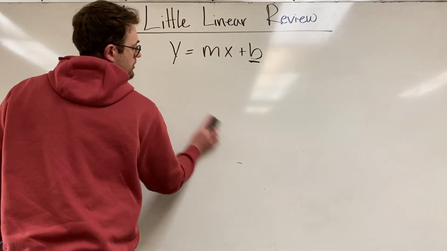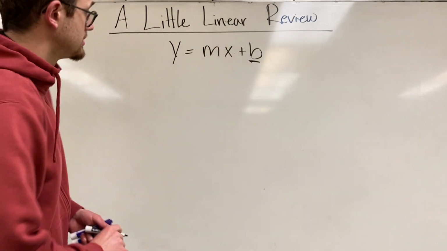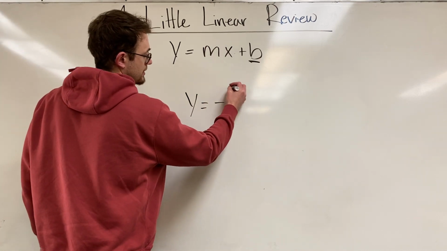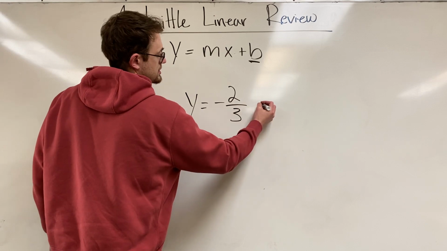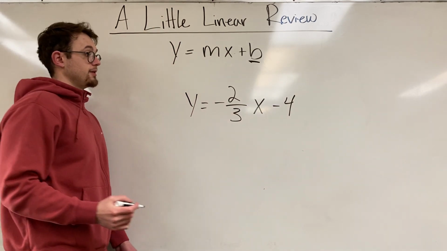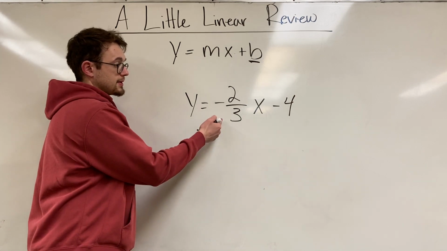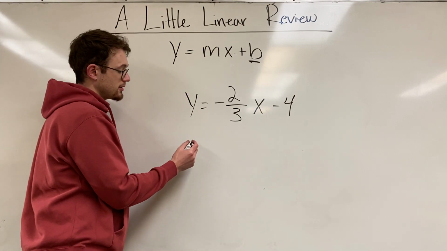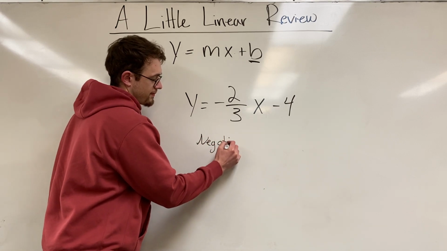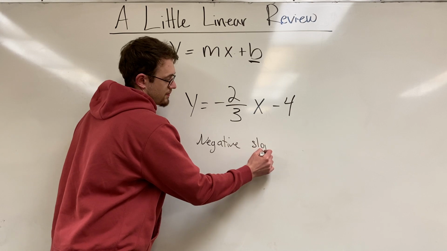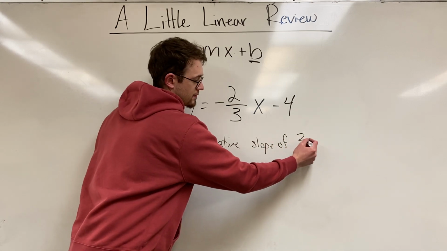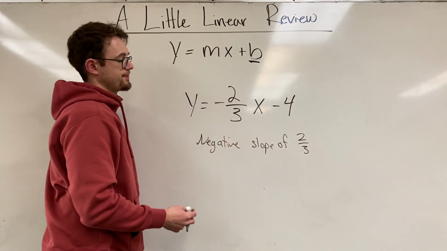Another quick example. Say we got y equals negative 2/3 x minus 4. All right, so this one is going to say that the slope is negative, so negative slope of 2/3.